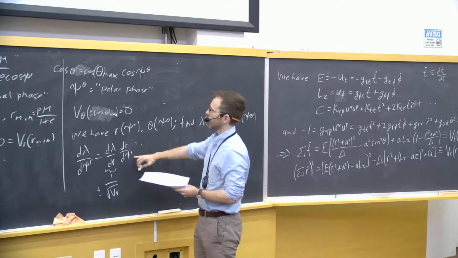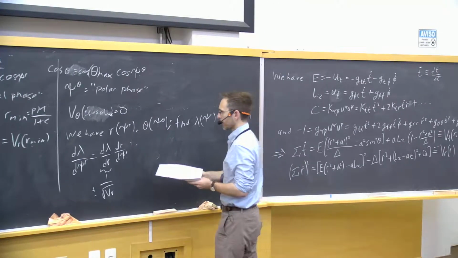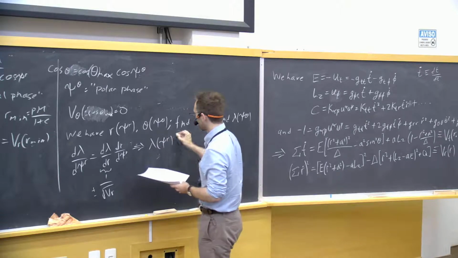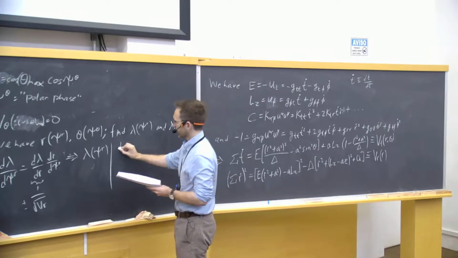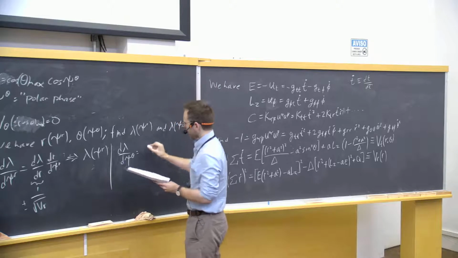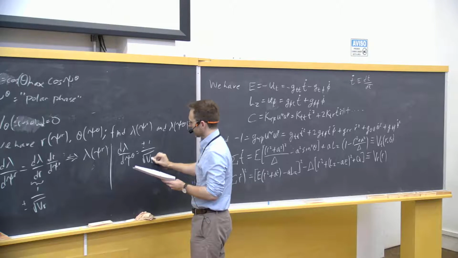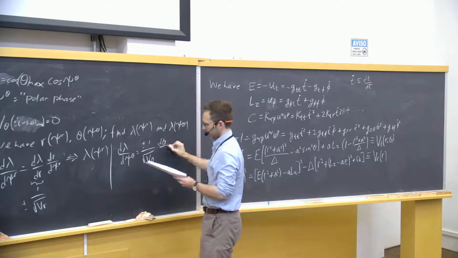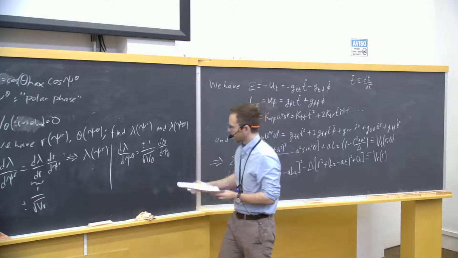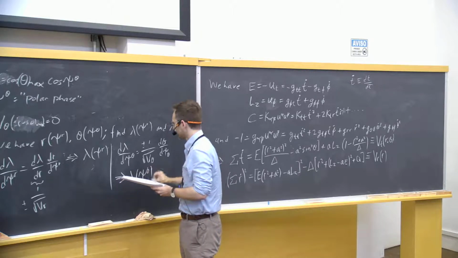And dr by d psi r is found directly by taking the derivative of that function. So this gets you lambda as a function of psi. D lambda d psi theta works similarly, so that gets us lambda as a function of theta.